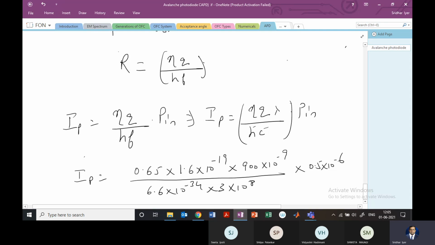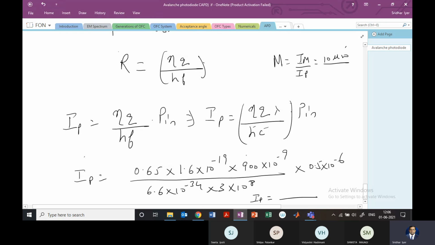We need to calculate M, which is IM by IP. IM is given to us as 10 microampere, and we can calculate IP here. Once we get IP, we can use that value in the denominator. Let me know what IP value we get. So 2.36 into 10 raised to minus 7.